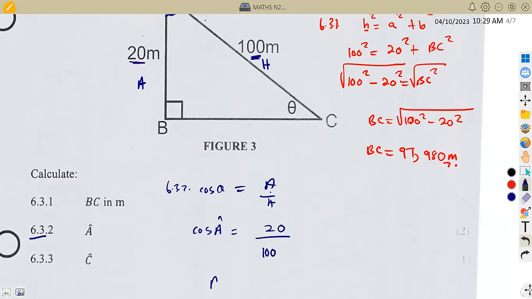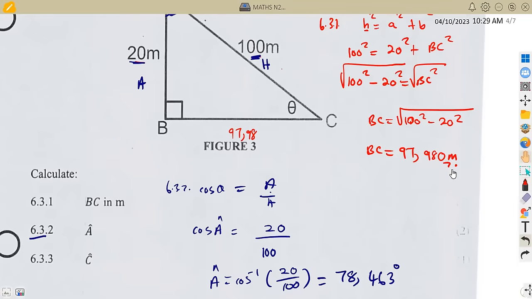So we calculate A from arc cos of 20 over 100, which gives 78,463 degrees to 3 decimal places. Or you could have used sine, since we have BC as 97,98, using opposite over hypotenuse, whatever you want, you can still find it.